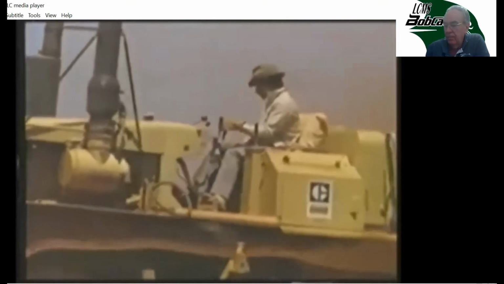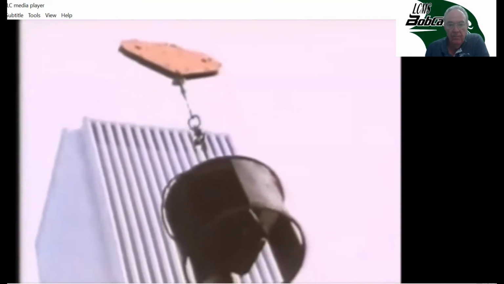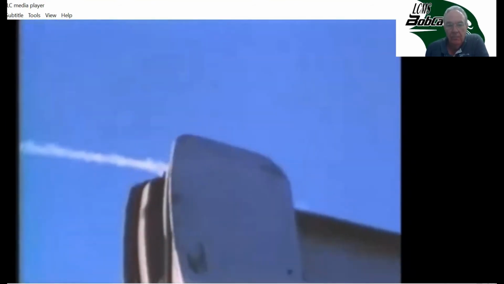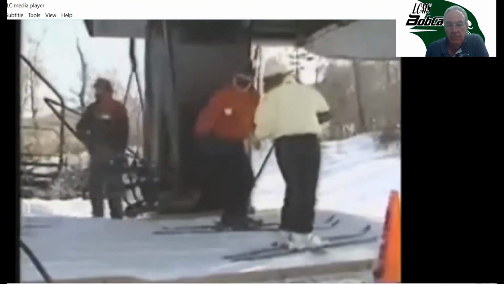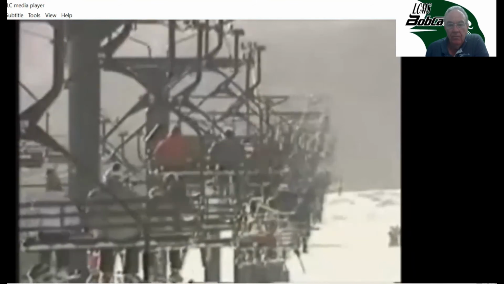Machines do many things. They help move dirt, lift things, and pump oil from the ground. Machines help skiers to get to the top of a mountain. And travelers to fly.